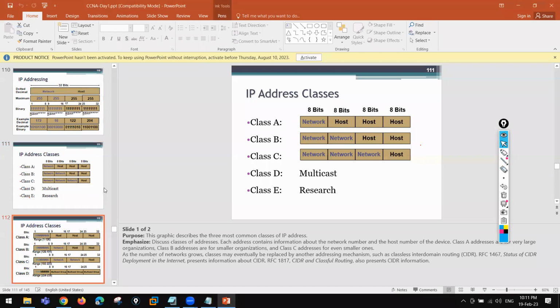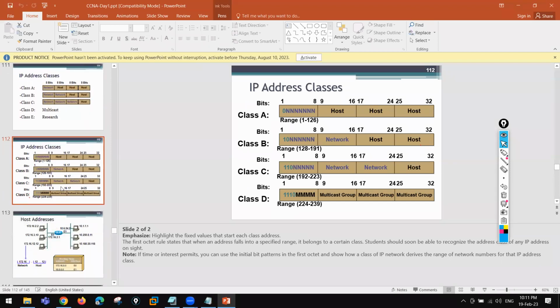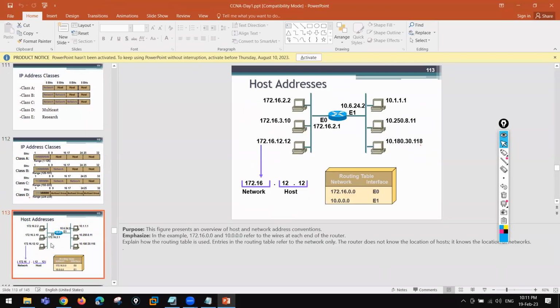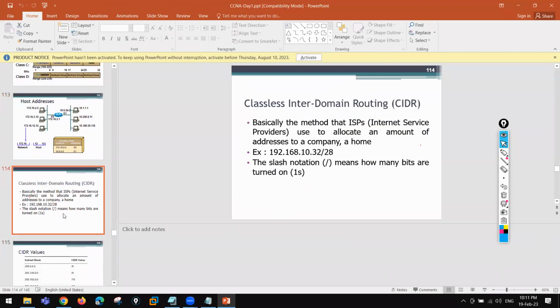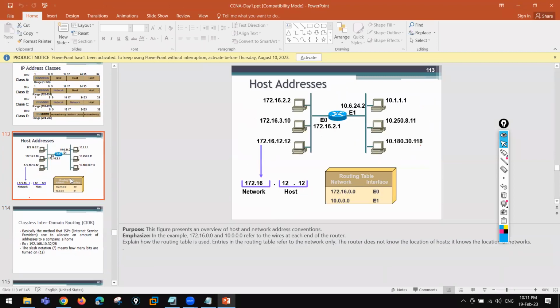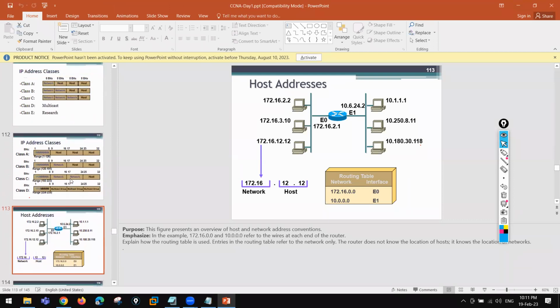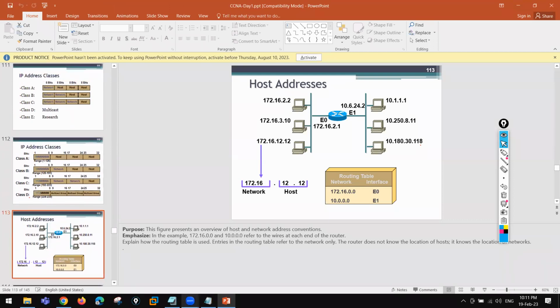Okay. We talked about host addresses. CIDR, it's early, I guess. Or maybe, to give you a little more understanding, 1-2 questions around this exercise.